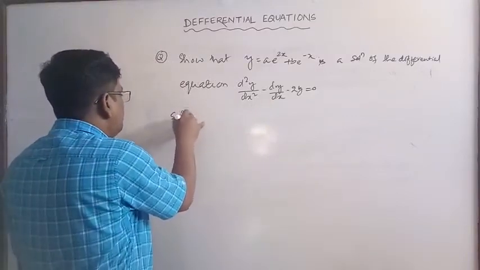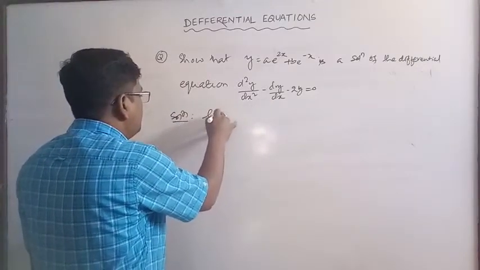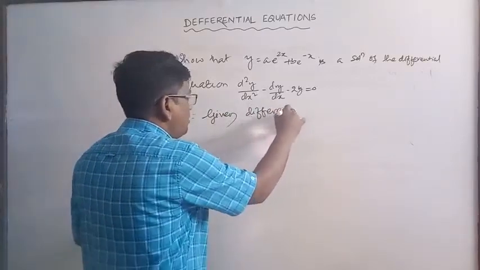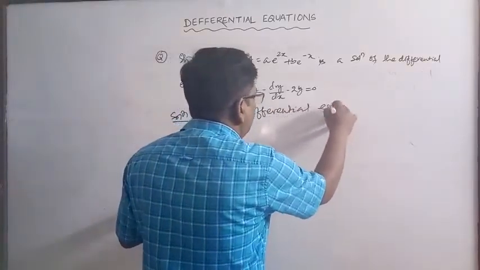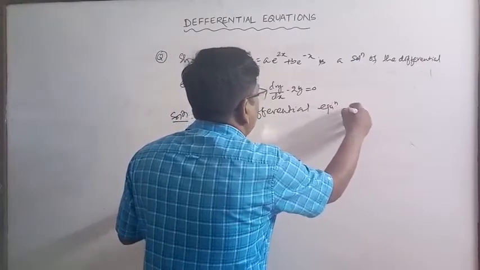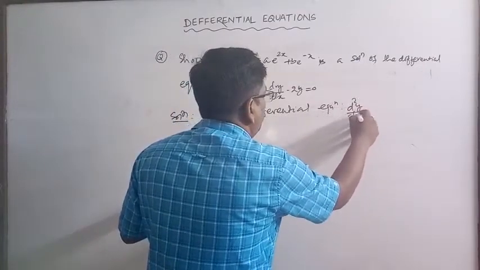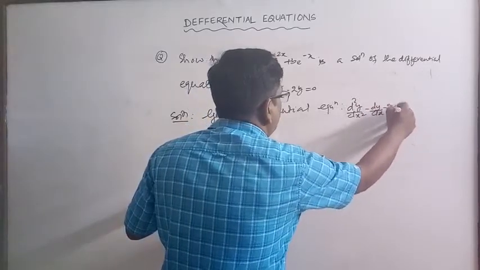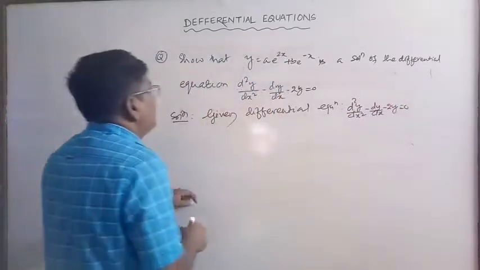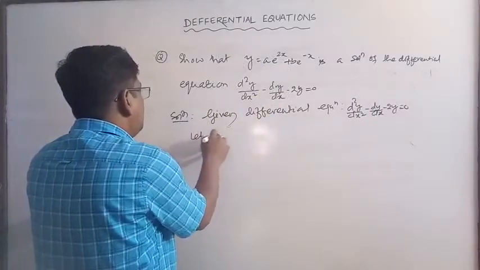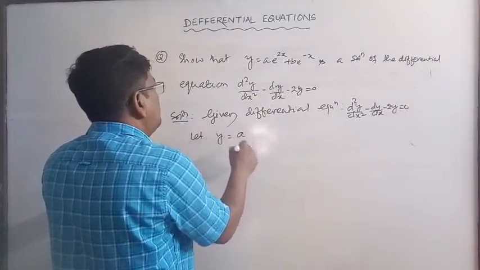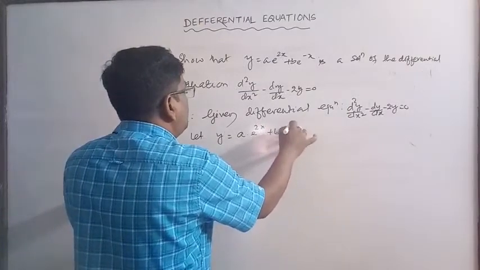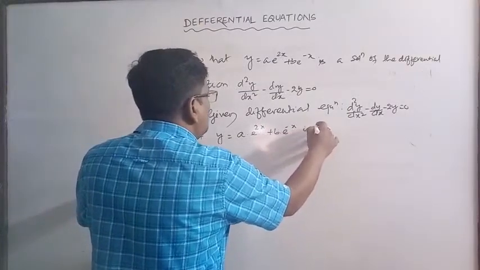Solution: given differential equation, that is d square y by dx square minus dy by dx minus 2y is equal to 0. And the solution: let y is equal to a into e to the 2x plus b into e to the minus x is the solution.